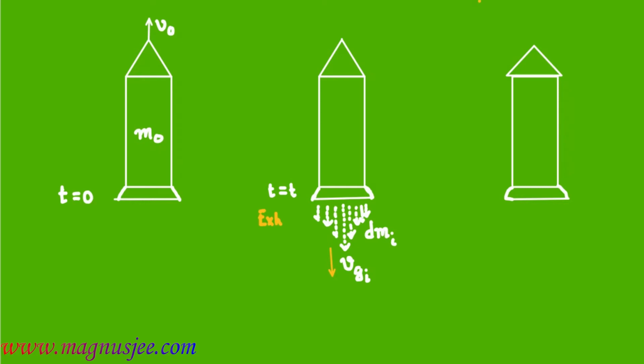These are the exhaust gases, a small amount released from the rocket in a vertically downward direction with an initial velocity vgi, and the mass of the rocket is m. Small m is the mass of the rocket.